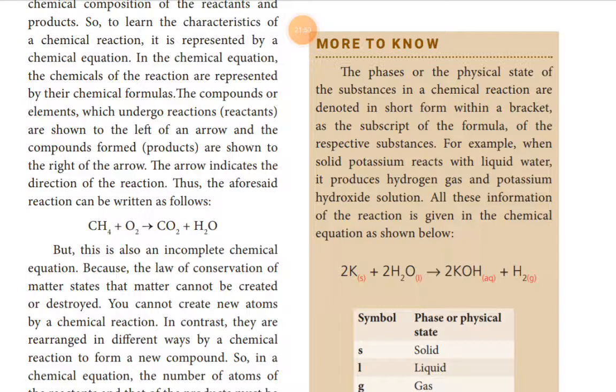Hydrogen: reactant side 4, but product side only 2, that is H2. And oxygen: 2 on the reactant side, but on the product side, CO2 has 2 oxygen and the water molecule has 1 oxygen, so 2 plus 1, 3 oxygens. So there are changes in the number of hydrogen and oxygen atoms. Only the carbon atoms are the same.